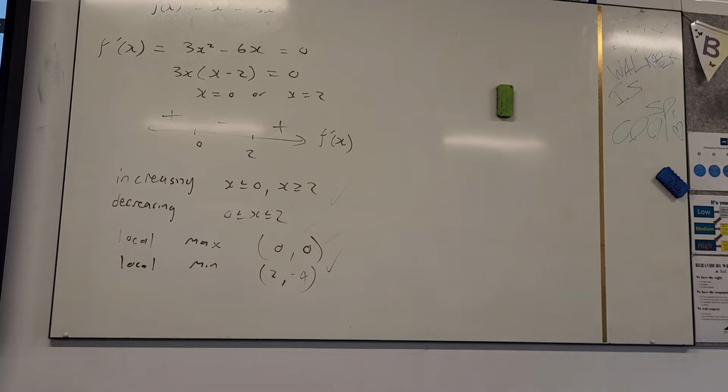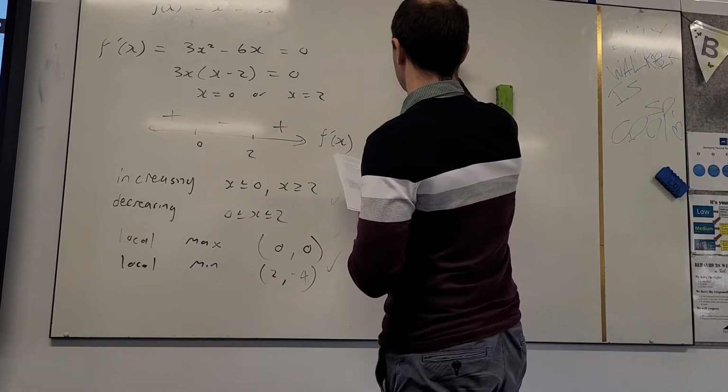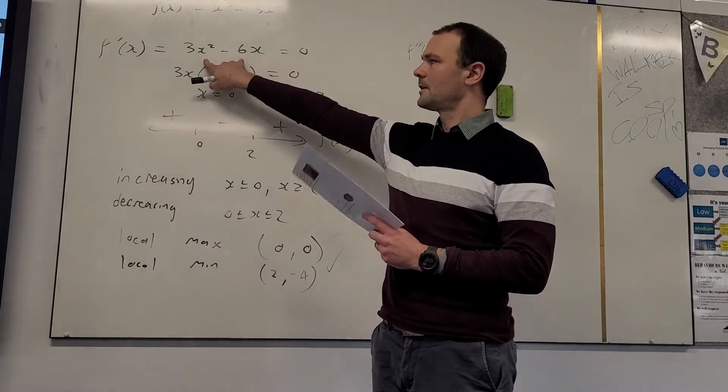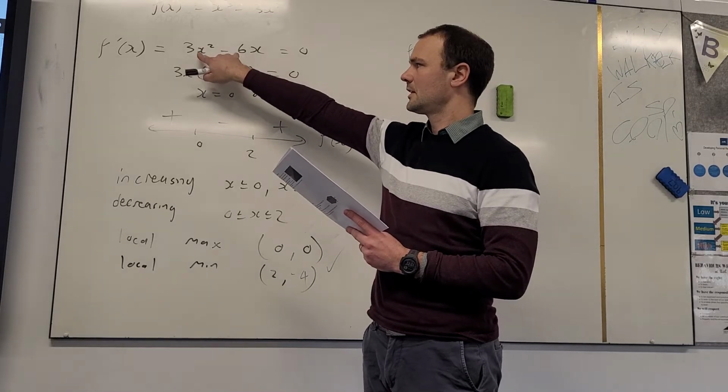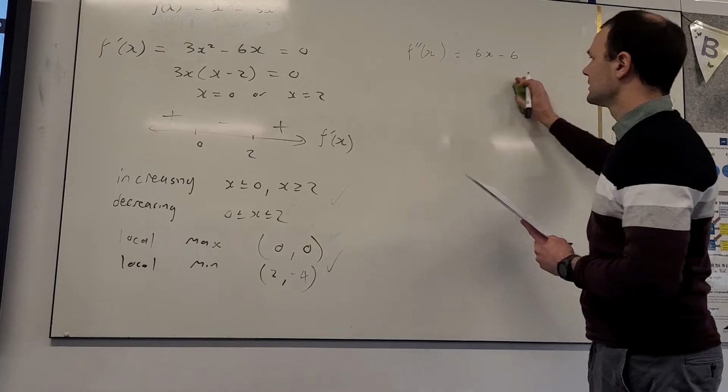Okay, so when it's concave and convex, that's what we need the second derivative for. So we need to find the sign diagram of the second derivative. So I'm going to differentiate the first derivative. To get the second derivative, we're going to get 6x, take away 6.